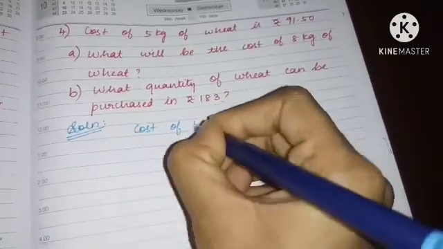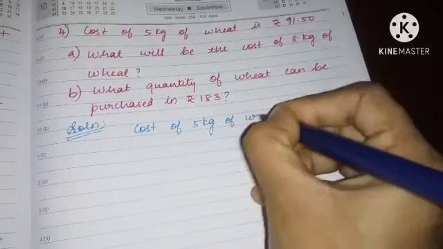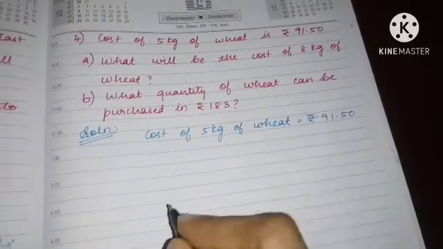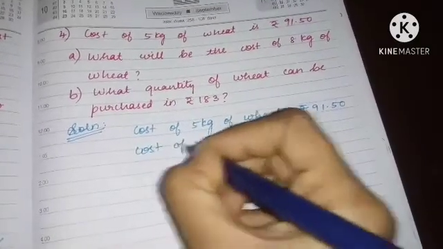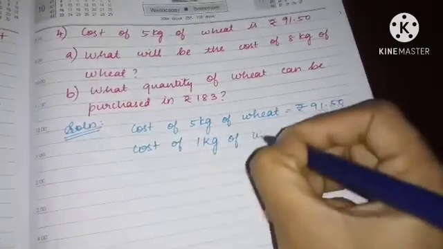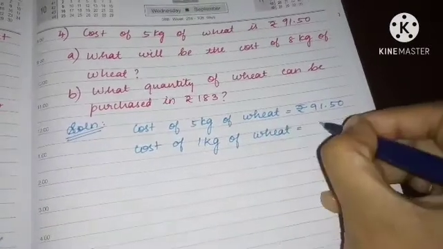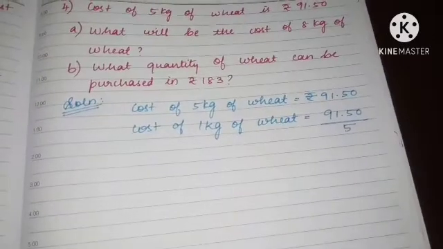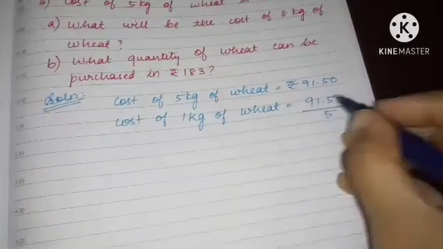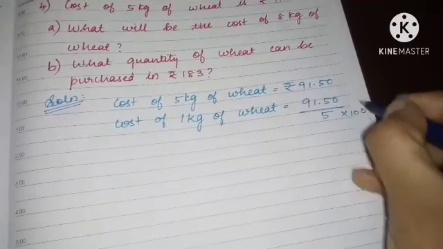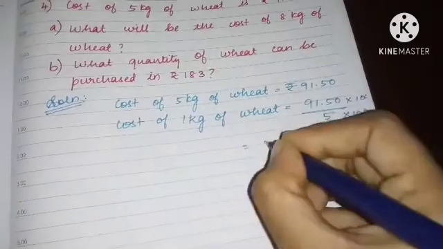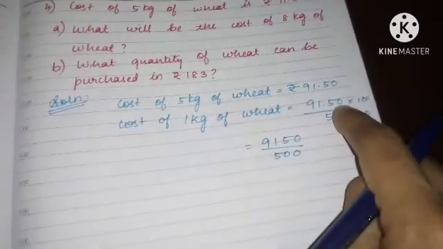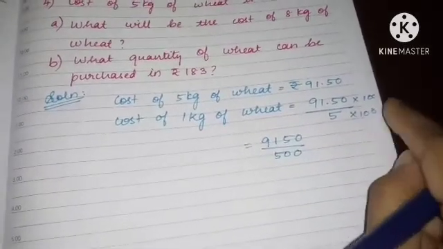Cost of 5 kg of wheat is equal to rupees 91.50. So what is the cost of 1 kg of wheat? 91.50 divided by 5, correct? Now we have to remove the decimal point, into 100, into 100. So it will become 9150 divided by 500, because 2 digits if you shift it into 100, here also into 100.